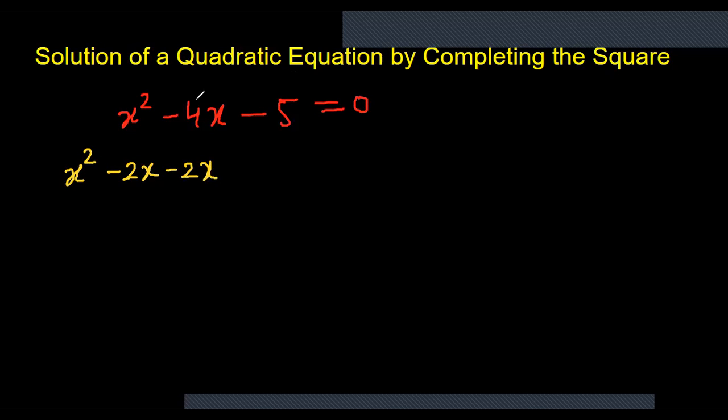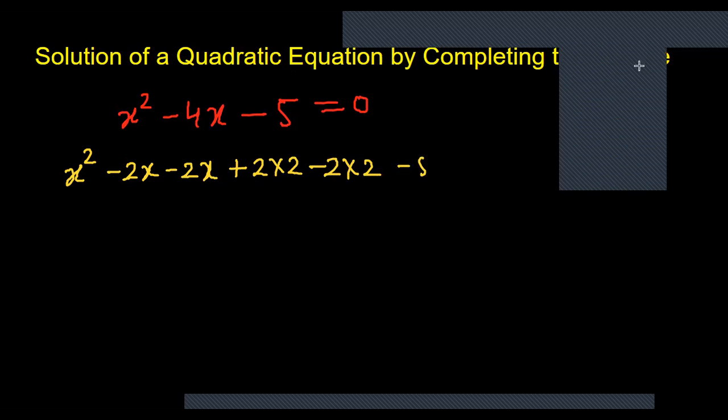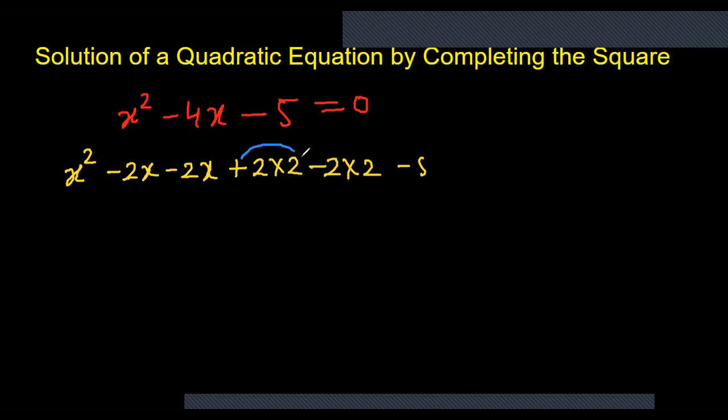Since half of 4 is 2, we are going to add 2 into 2, and we are also going to subtract the same number. Minus 5 was already there. Remember, we are adding and subtracting this term, so overall it is not having any impact on the expression, but it is helping us to convert this into a perfect square. All right.